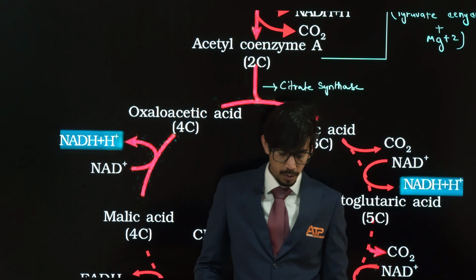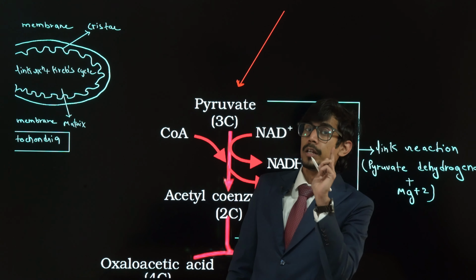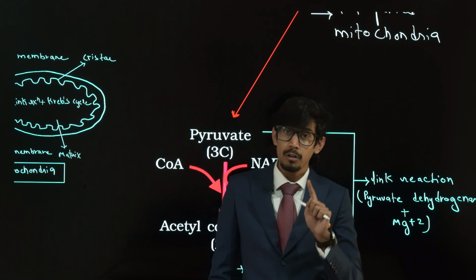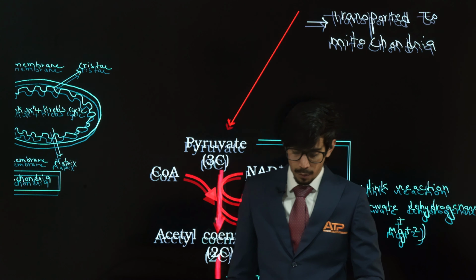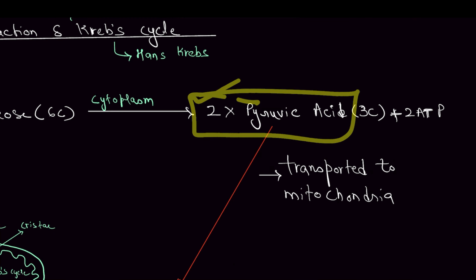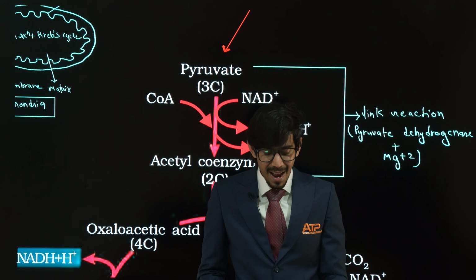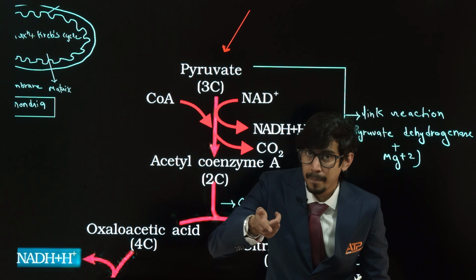Now what is important to note is that this entire cycle that we saw was for one molecule of pyruvic acid, right? But do we get one molecule of pyruvic acid from one molecule of glucose? No, the answer is we get two molecules of pyruvic acid. So if we get two molecules of pyruvic acid, then this Krebs cycle will have to take place twice, right?